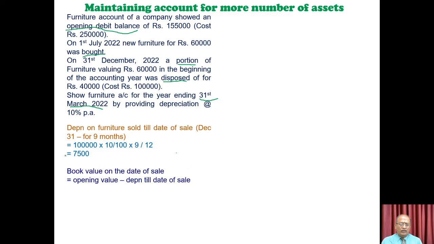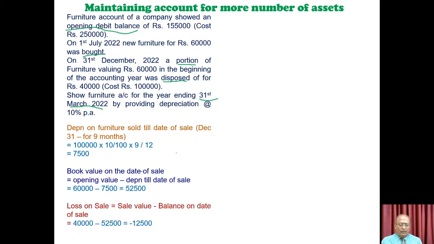And then the book value on the date of sale will be as usual opening value 60,000 minus 7,500. We have 52,500 as the book value on the date of sale. So the loss would be, 40,000 sale value, but its book value is 52,500. So minus, that is a loss of 12,500.